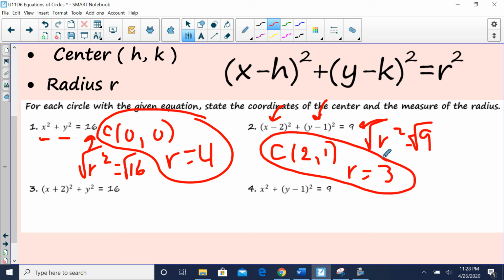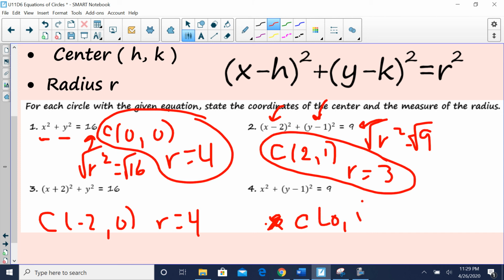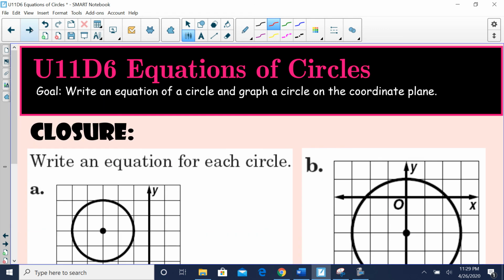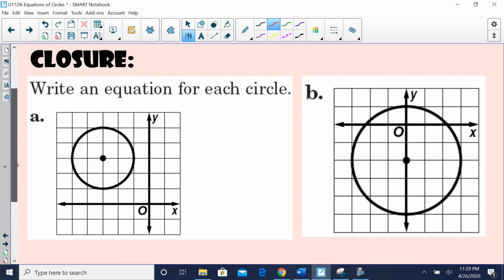Pause it and try the next two and then check them in just a minute. Here I'm going to get center is (-2, 0). Radius should be 4. Here I should get the center is at (0, 1), and the radius is going to be 3.